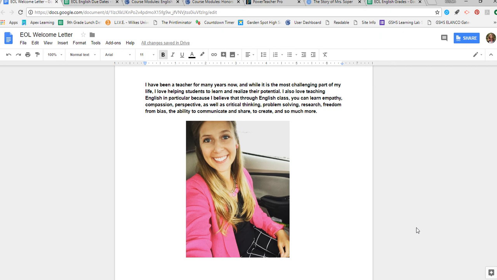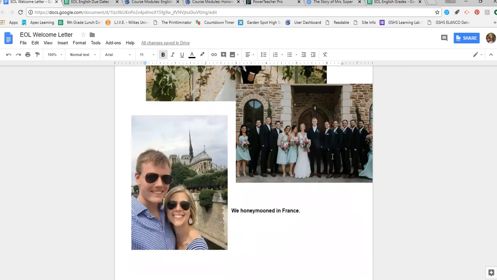I also really believe in the power of an English class in particular because you can learn empathy and compassion, having perspective in your own life and in other people's lives, as well as the more hard skills such as critical thinking, problem solving, how to do good research, which is helpful just in our normal lives, not even necessarily professionally, and just the ability to communicate your thoughts, to share your work, to create, and so much more. So I feel very lucky to be able to do this and to do this with all of you.